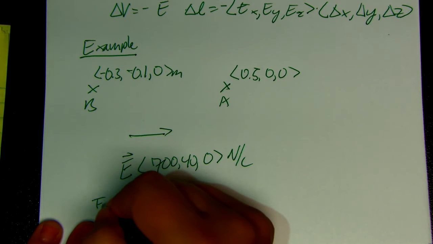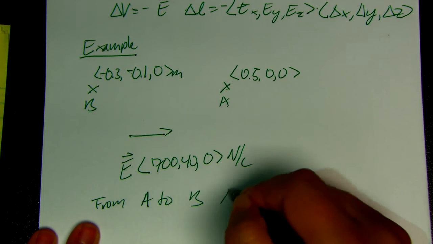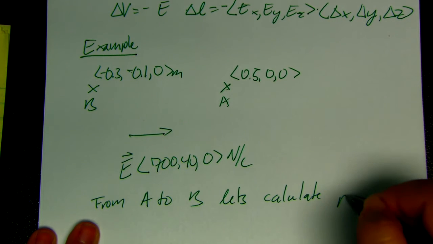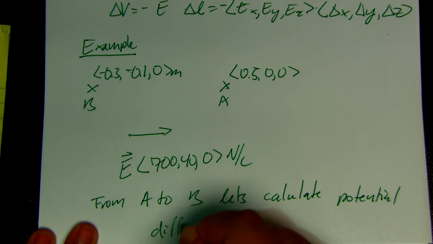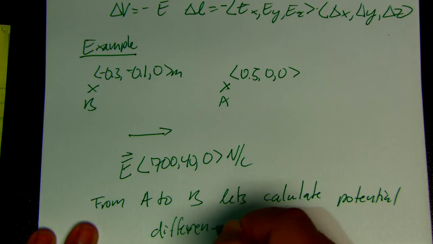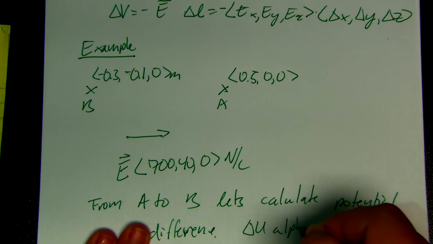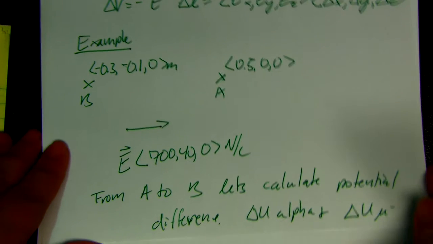And from A to B, let's calculate the potential difference. So we'll do it for delta U alpha and delta U muon minus.